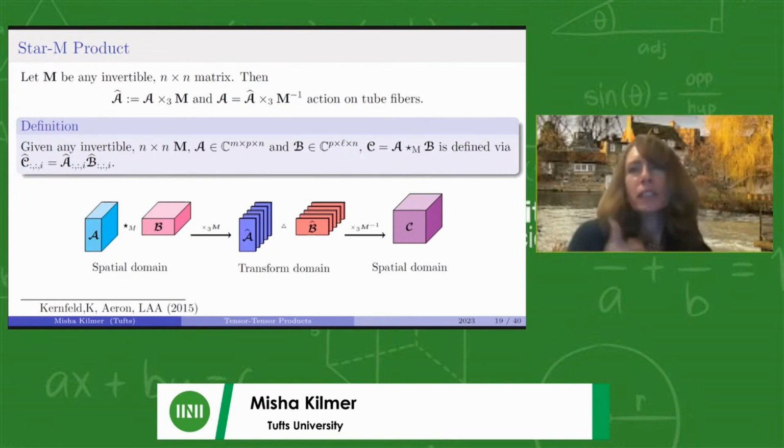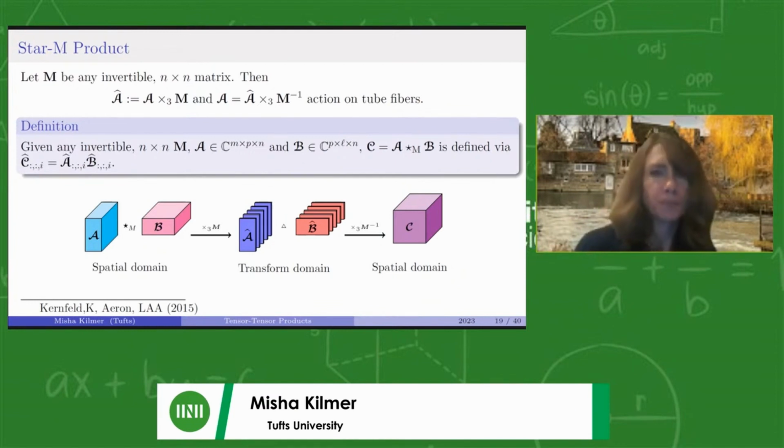The first thing I'm going to need in order to be able to define a product between two tensors of appropriate dimensions is an invertible matrix M. So if I have, let's say, my tensor script A is M by P by N, and B is a P by L by N tensor, and I want to define a multiplication between those two tensors, M is going to be an N by N invertible matrix.